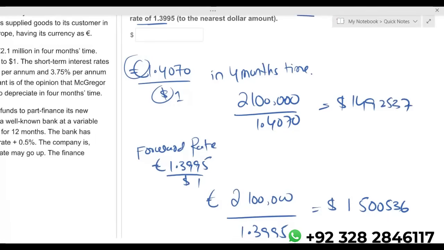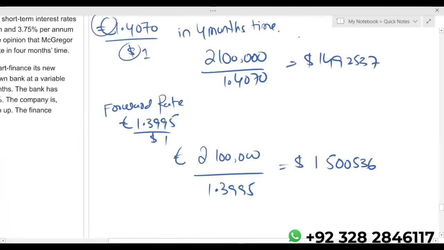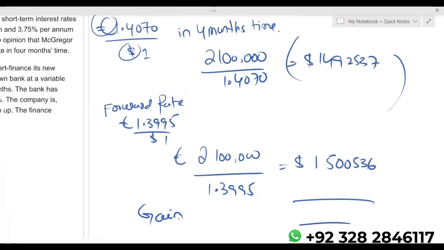So it can be seen that due to hedging, there's an exchange gain. Hedging has resulted in a gain because the receipts in dollars are more as compared to without hedge. Let's see the difference. Gain because of hedging: 1,500,536 minus 1,492,537.